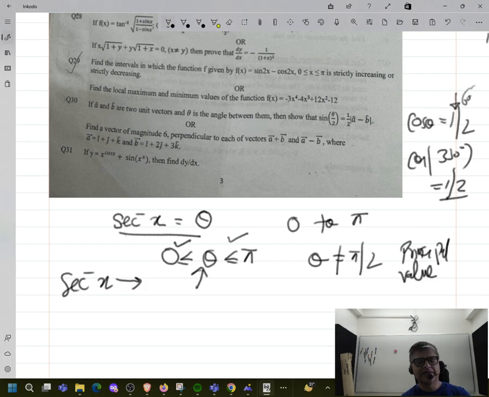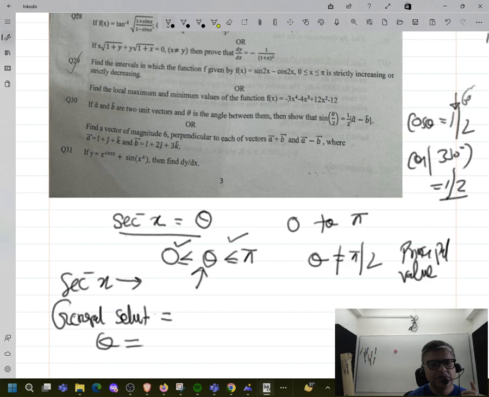Where does it repeat is the question. That is the general solution. So the general solution will look like this: theta is equal to 2n pi plus minus theta, where theta is the smallest possible value.